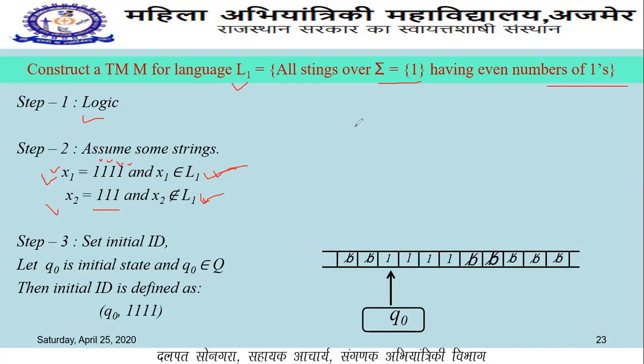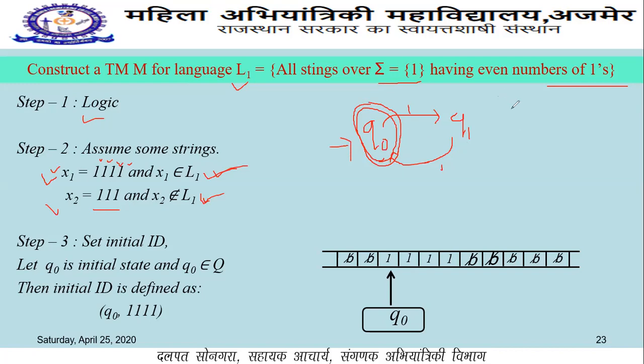So we start to design a Turing machine like this. At state Q0, whenever we read an odd number of ones, we move to state Q1, and from state Q1, if we read again 1, then we move to state Q0. Okay, so whenever we are at state Q0, it means an even number of ones have been read. Okay, so it is very simple.